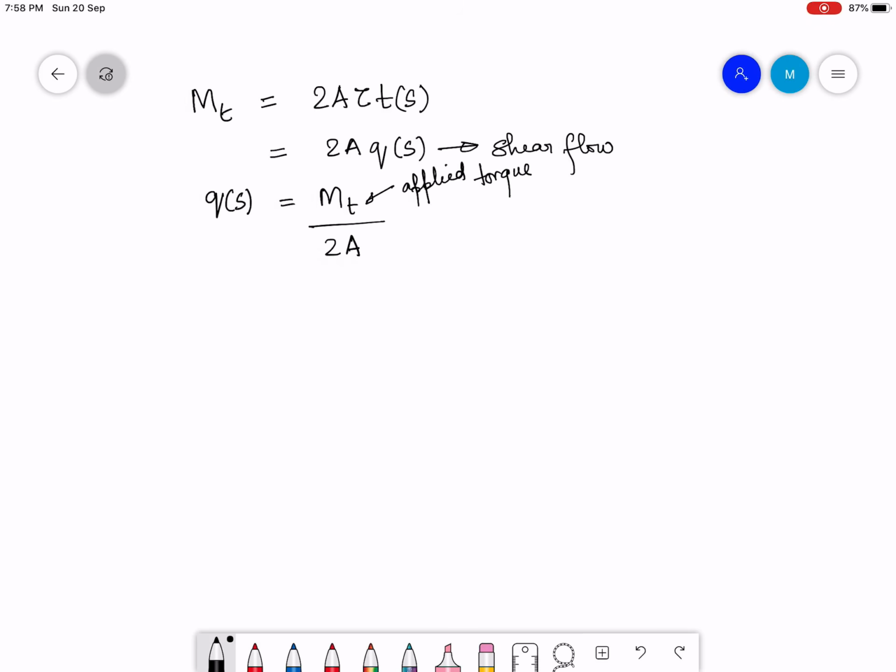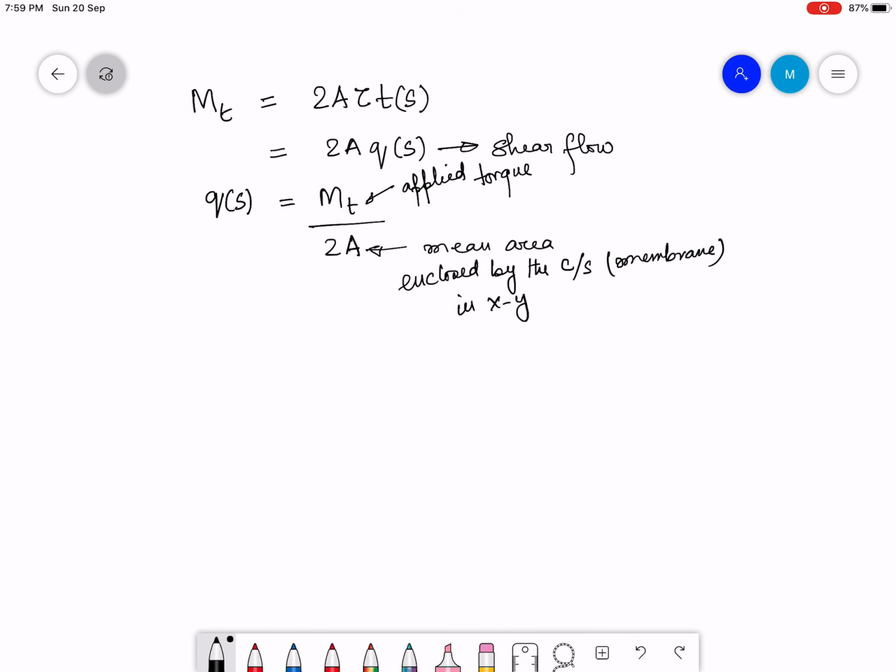Right, and A is the mean area enclosed by the cross section. Cross section you can call as the membrane also in xy plane.